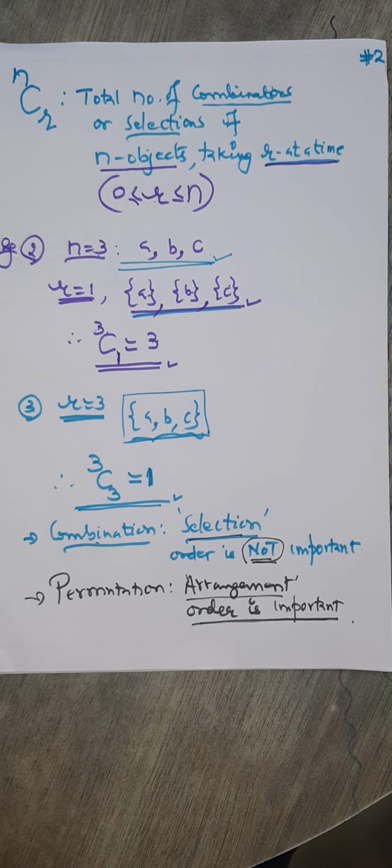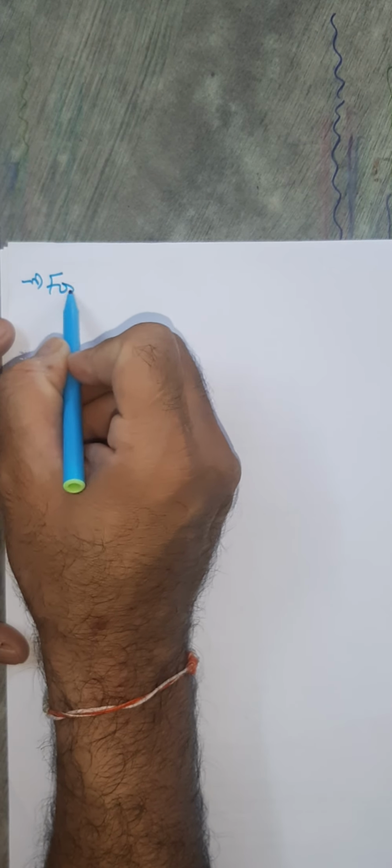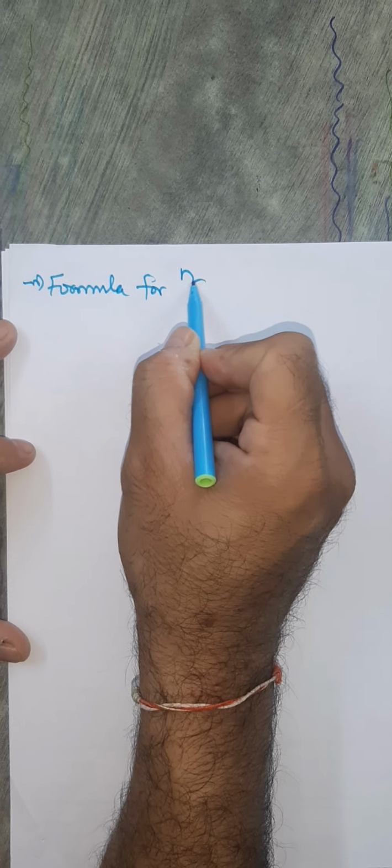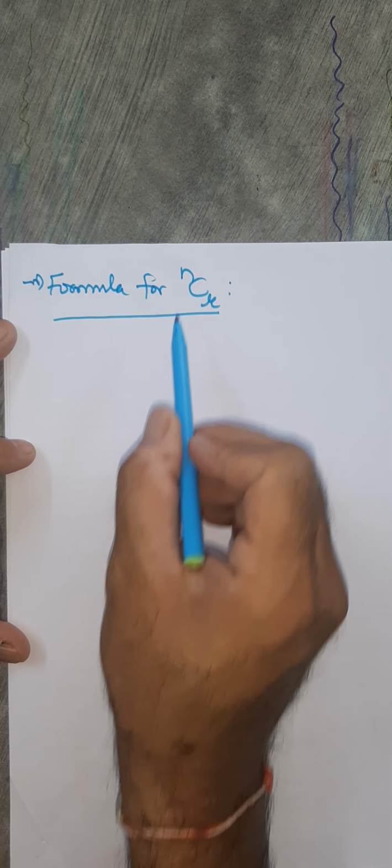Now we go to the formula for nCr. I'll just state the formula for nCr directly without proof. So let me write here the formula for nCr. What is nCr?